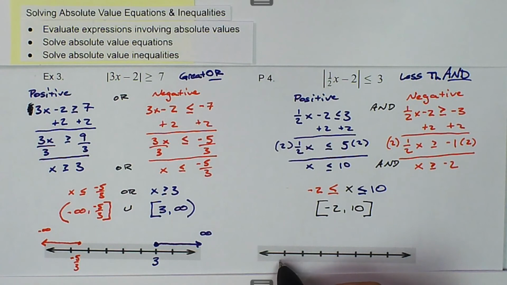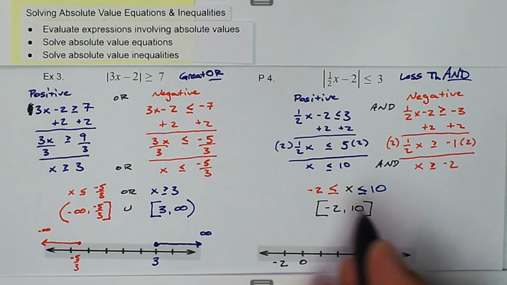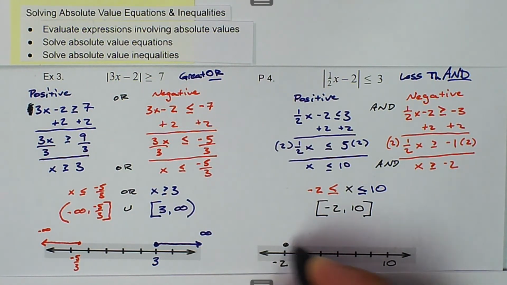We have negative 2 over here, and then 2, 4, 6, 8, 10. Just use that as a placeholder. They both have closed dots above them, and we want to draw the line in between.